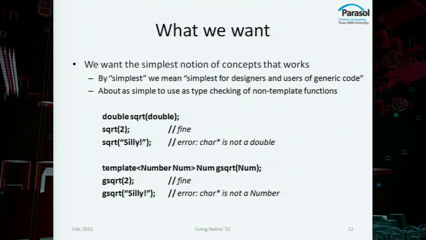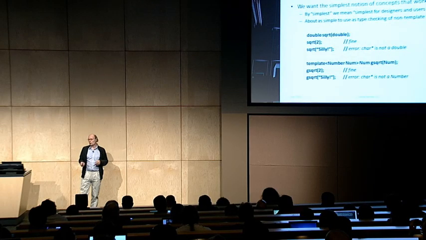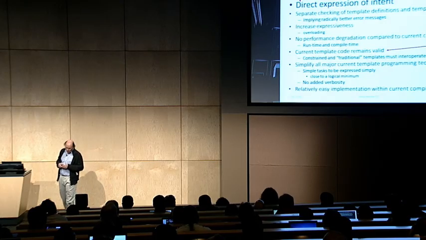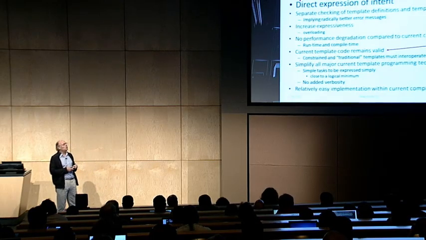This should be all we needed to know. Everybody can understand that. If you can understand the first sentence, you can understand the second. We want it that simple. The checking of types, called concepts, just has to be that simple so that everybody can use them.